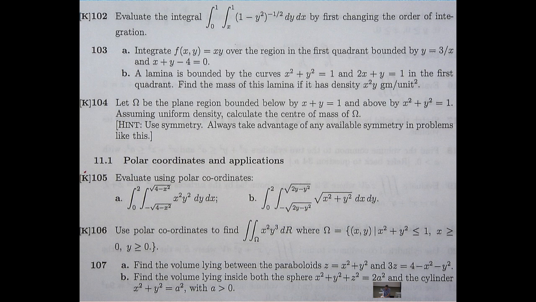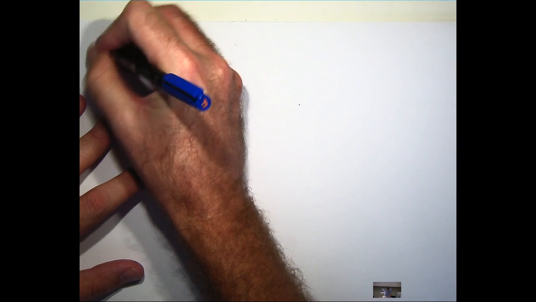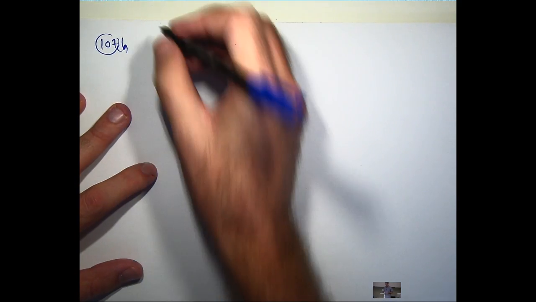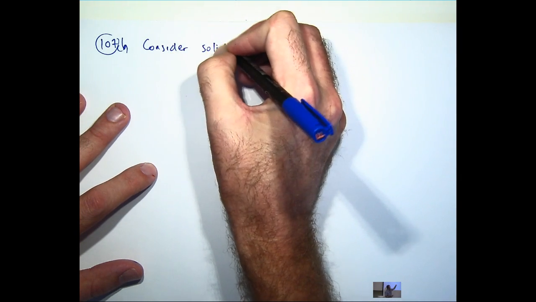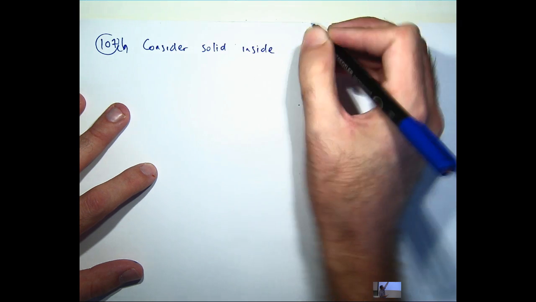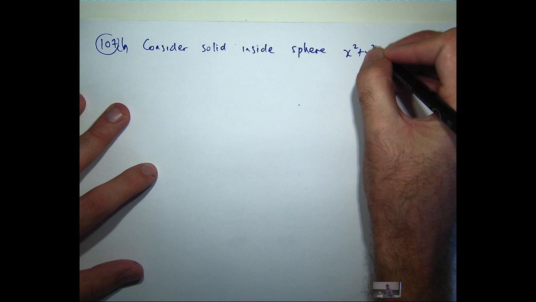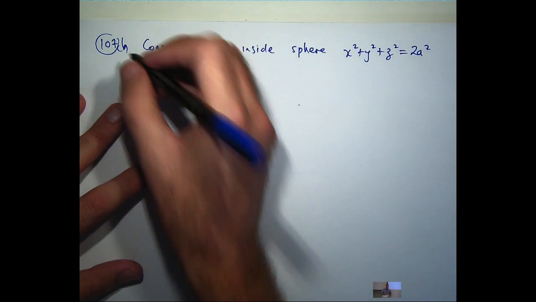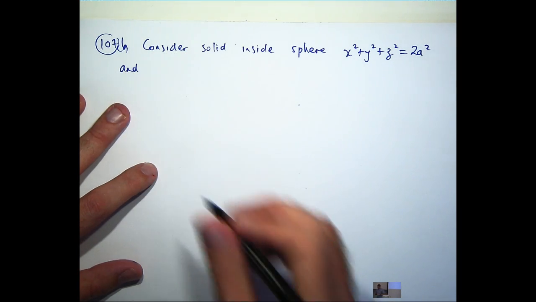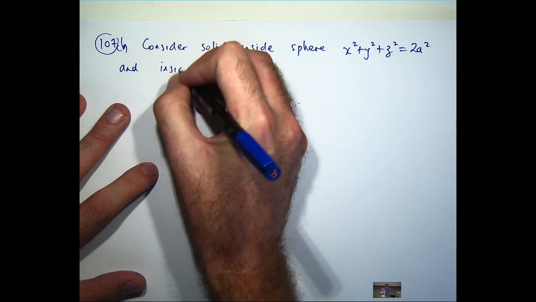All right, so this is 107B. So we've got the solid inside the sphere and also inside the cylinder.